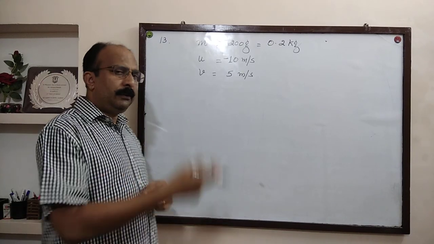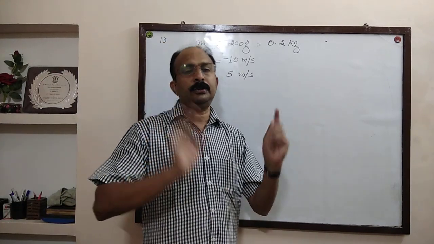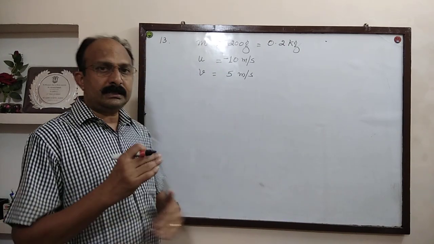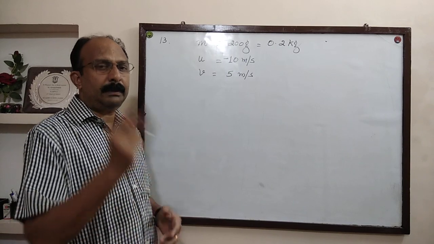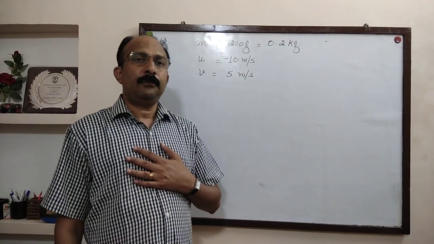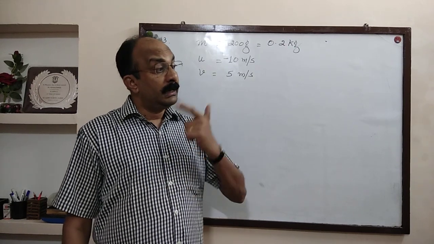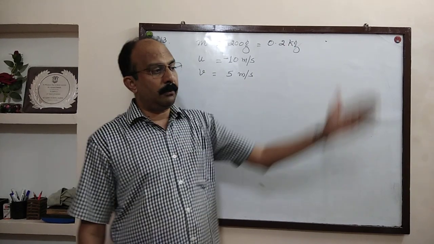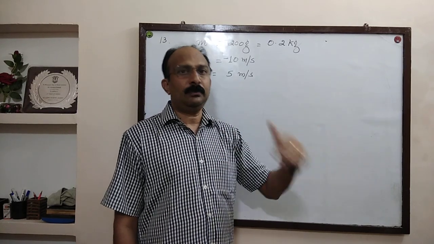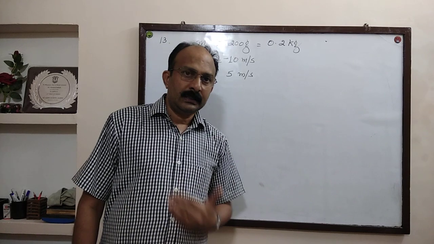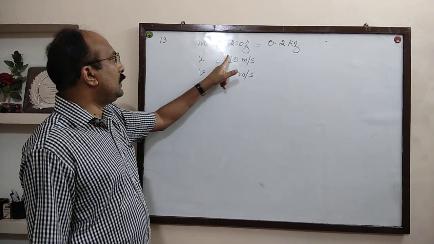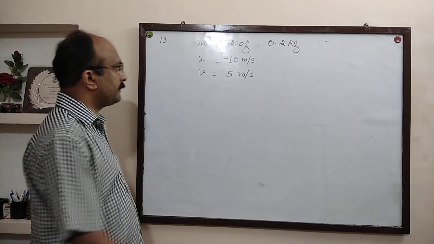Even if you take it in reverse, then also you will get the same answer. If you take u plus and v minus, then also you will get the answer, but then you have to change the sign at the end. Since we are asked to find the change in momentum of the body in the direction after hitting the ball, that is our actual direction. The first direction is opposite to us. So, I have taken u as minus and v as plus.